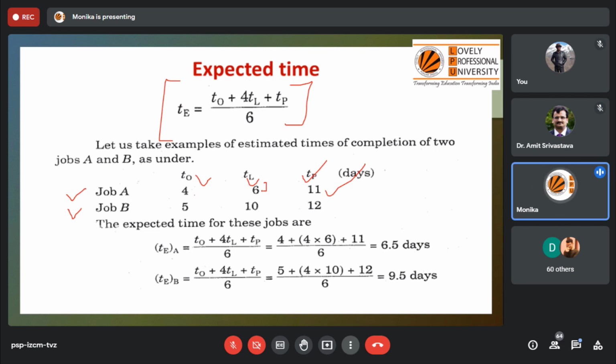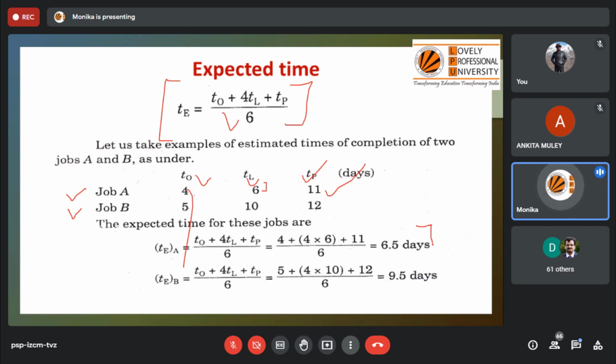Okay, so you can see we can calculate similarly for the next task. These 3 time estimates are given. By filling all these details of the first job and second job in this formula, we can get the actual time period which is going to be spent to complete the activity in the field. I hope it is clear that in actual to complete job A, the expected time is 6.5 days.